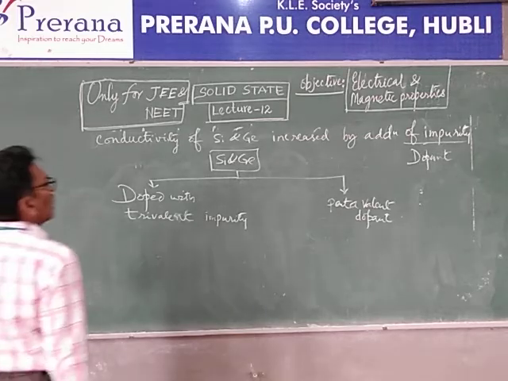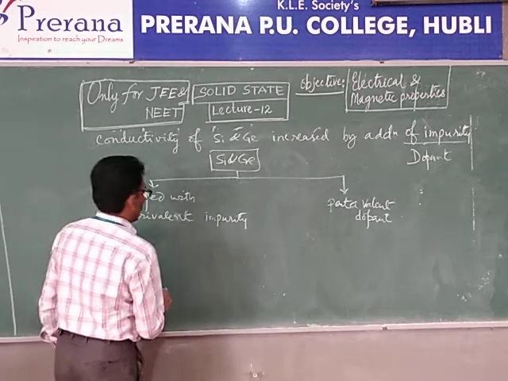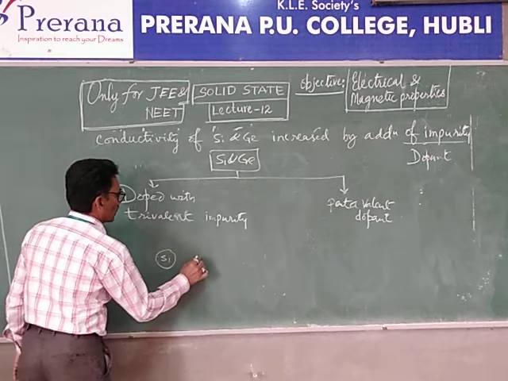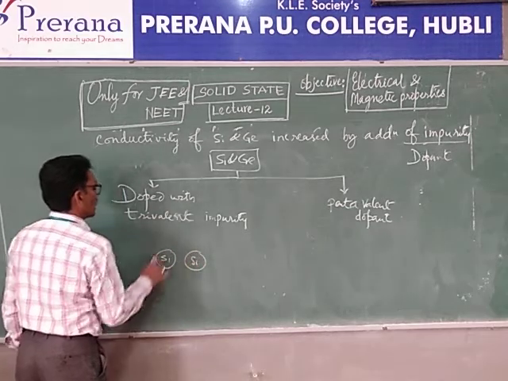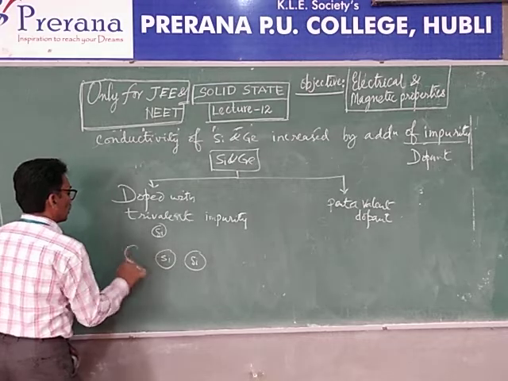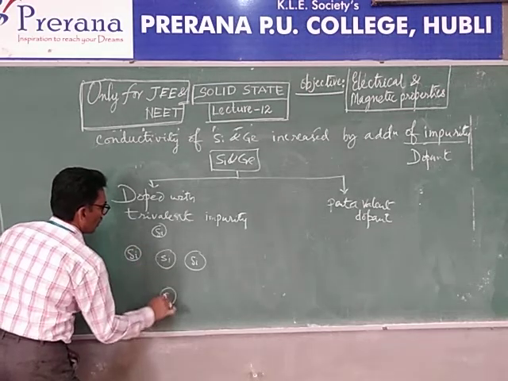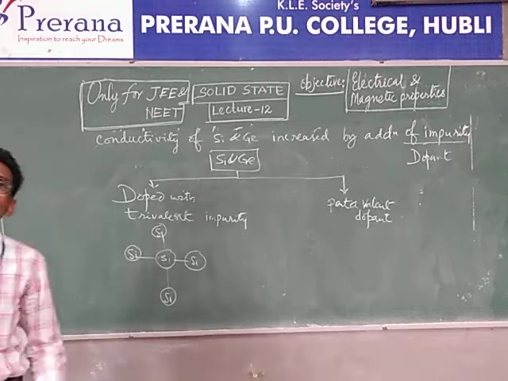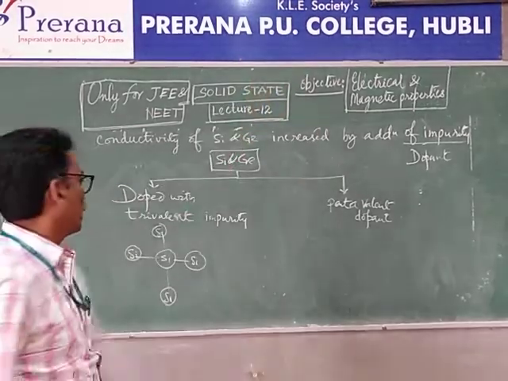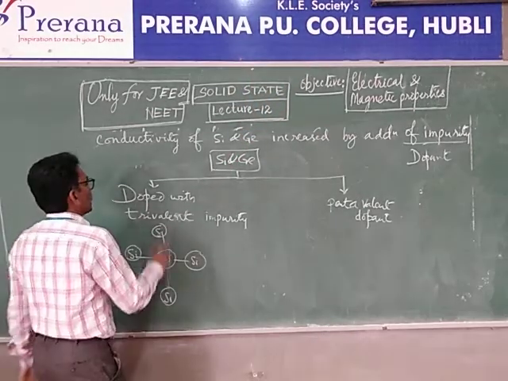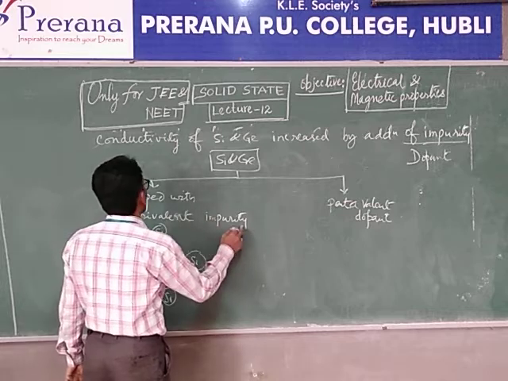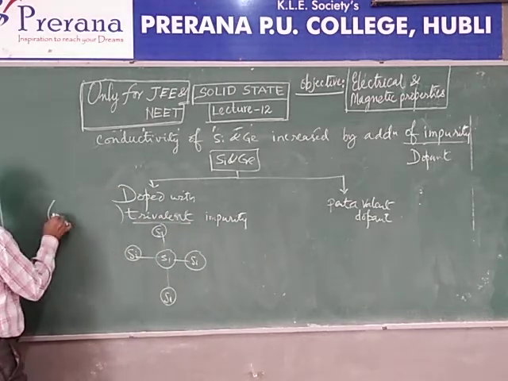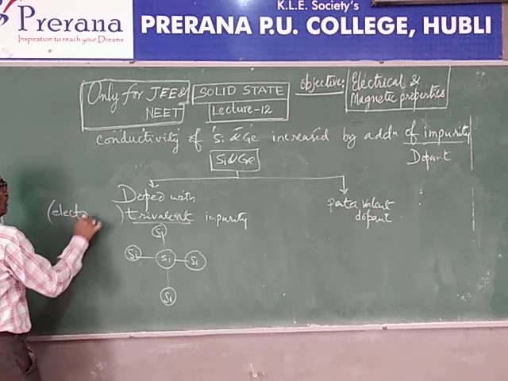What will happen? Take normal silicon for our discussion. Normal silicon is bonded with other silicon, so each silicon is surrounded by 4 silicon atoms tetrahedrally in the solid material. Then one of the silicon atoms is replaced by a trivalent impurity, also known as an electron deficient impurity.